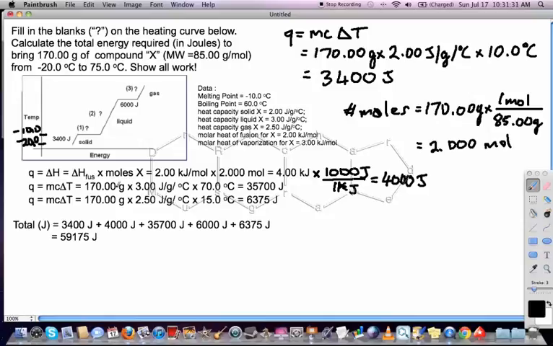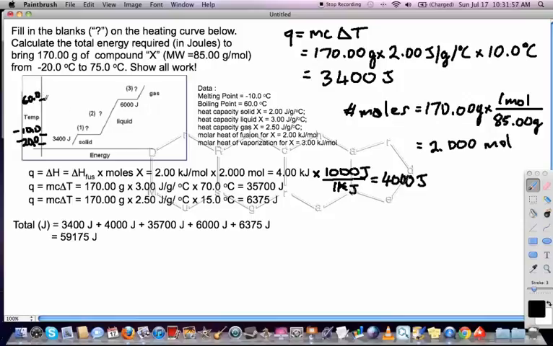So Q equals mc delta T, we're looking at 170.00 grams, that's the mass of the substance, times the heat capacity. Now it's the heat capacity of a liquid, and the heat capacity of a liquid is 3.00 joules per gram per degree Celsius. And then we've got the temperature change, from minus 10 up to 60.0.